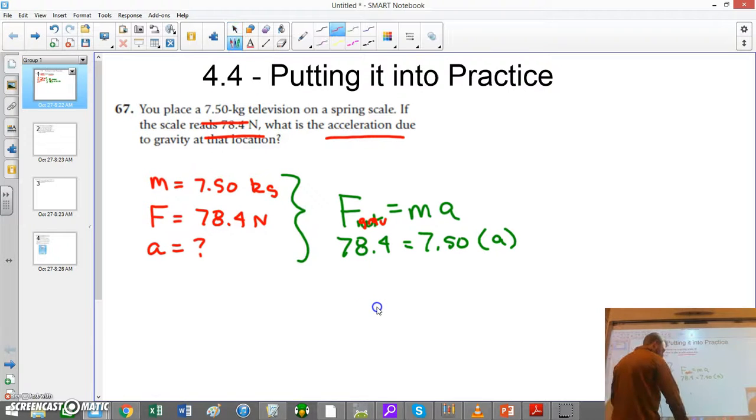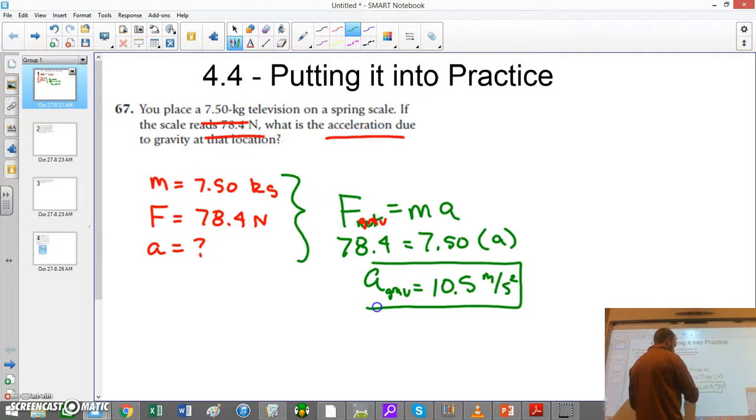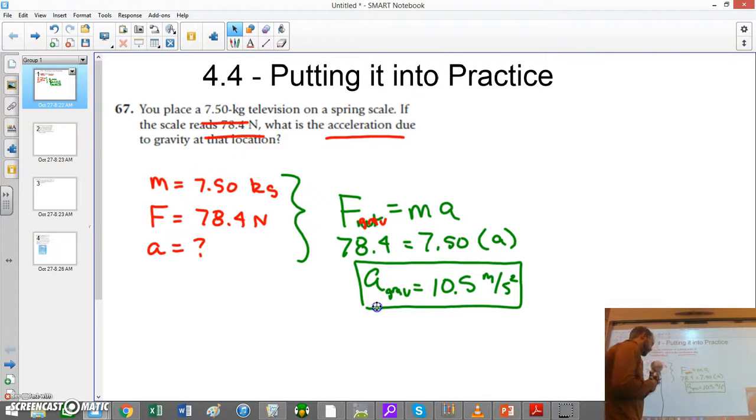So my acceleration due to gravity at this place is 10.5 meters per second squared. So we're underneath quite a bit more gravity than we normally are.